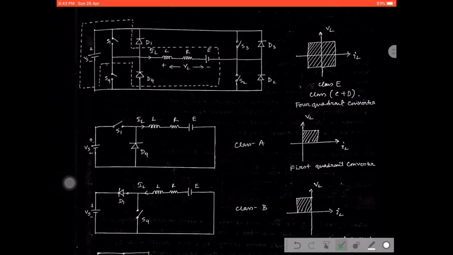See, first is a very simple circuit diagram that is given. As we know, it is a DC-DC converter. That is, the input is VS or VDC. We are using 4 switches, that is S1, S2, S3, S4, and correspondingly, obviously the 4 diodes are there for maintaining the discharging path of the inductor, as an RLE load is used here.